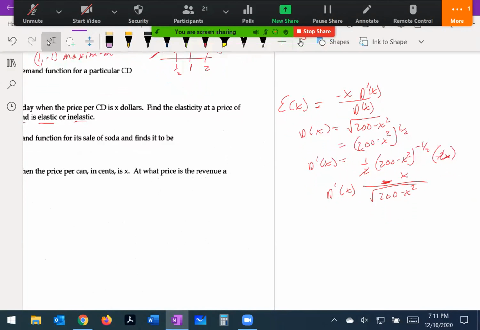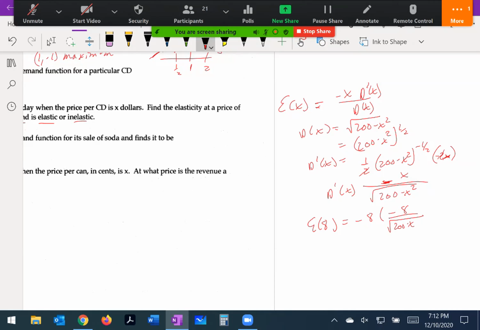So if I plug this in to e of x, I could do this in stages. I don't have to do it algebraically because I really just want e of 8, right? So if I do e of 8, that's negative 8 times d prime of x, that's negative 8 over the square root of 200 minus x squared.